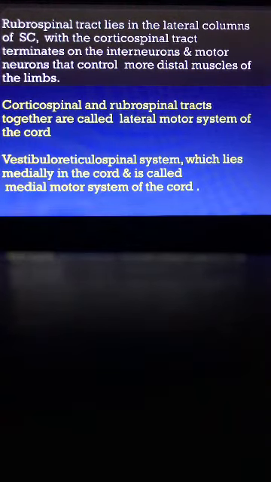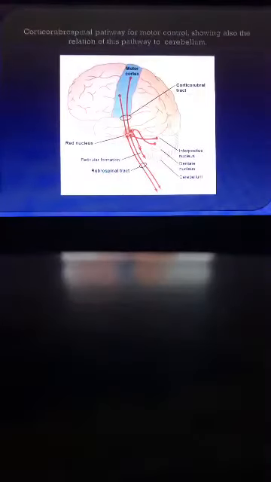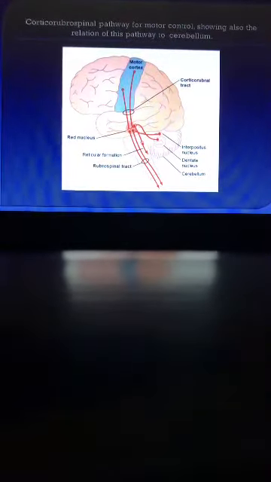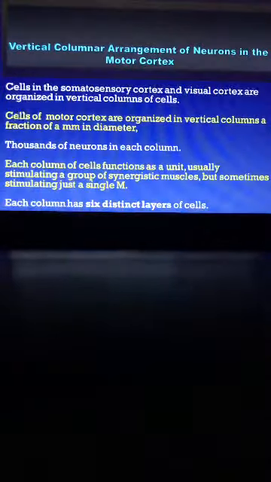Corticospinal and rubrospinal tracts نسميها lateral motor system of the cord, while the vestibulo-reticulospinal system lies medially, called the medial motor system of the cord. هذه الصورة توضح لنا الكلام.